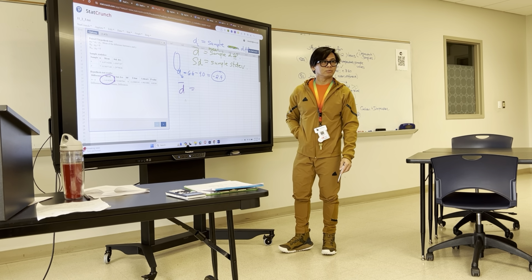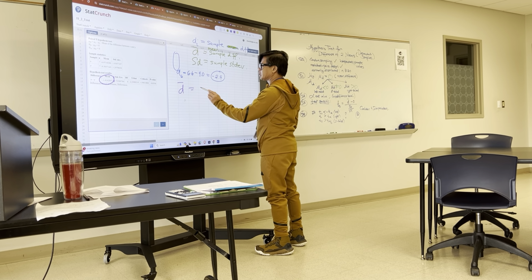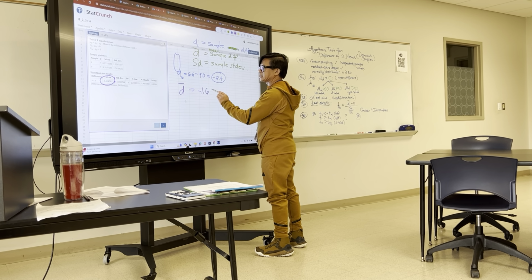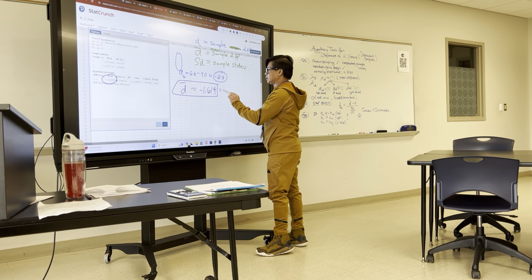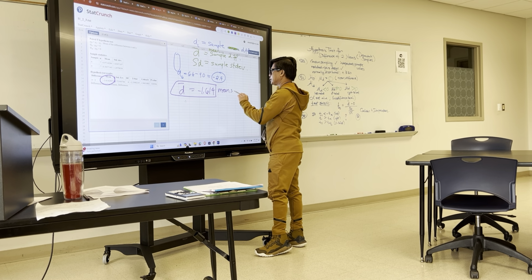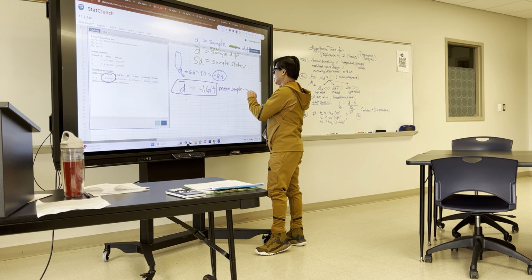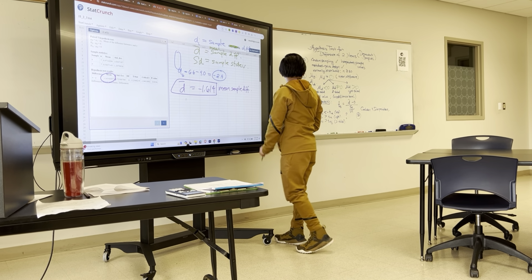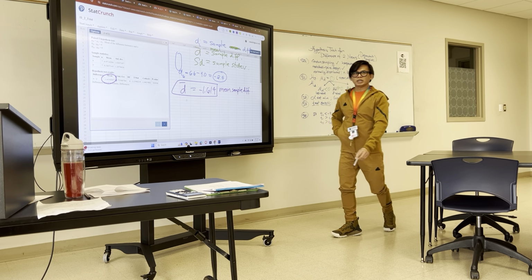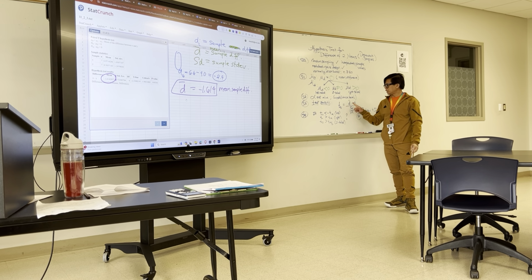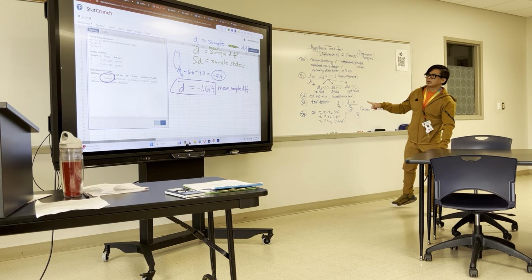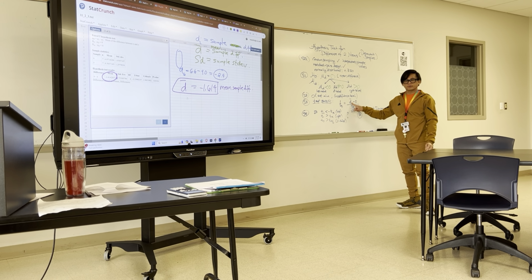Negative 1.614. So the mean sample difference is negative 1.614, and that is basically from your calculator. If you want to compute the test statistic manually, that D hat is negative 1.614.